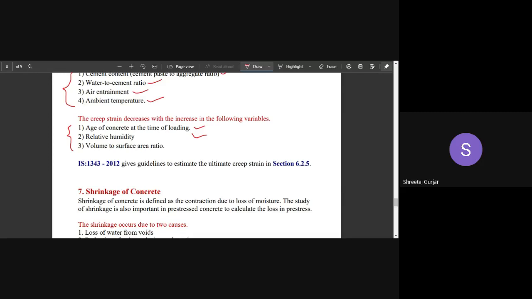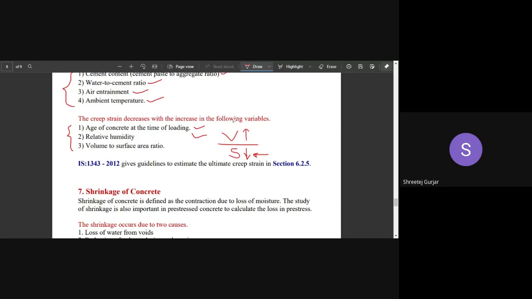The volume to surface area ratio we have to increase, meaning volume divided by surface area. For this ratio to increase, either we decrease our surface area or we increase our volume. Both can be done. We can increase our volume and decrease our surface area, or keep our surface area to a minimum for a constant volume.